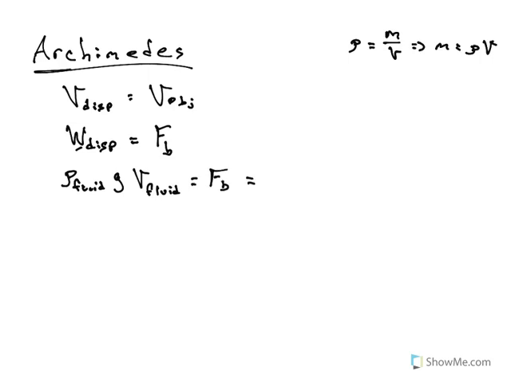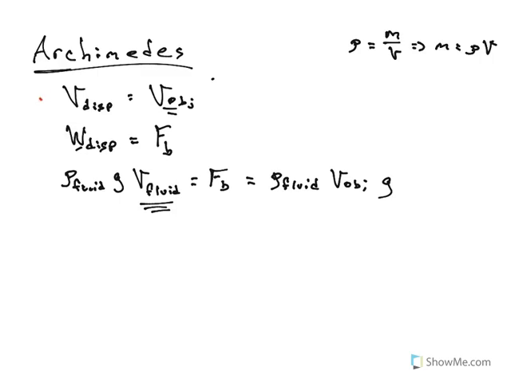And of course we could rewrite this slightly differently because of the first relationship and say that the buoyant force that would act on an object is the density of the fluid this object is placed in times the volume of the object, because I know the volume of the displaced fluid is the same as the volume of the object from the first relationship, times g.